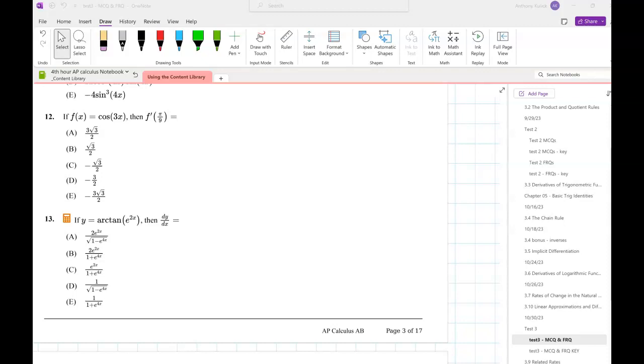Try reducing 3 pi over 9. Sine of pi over 3 on the unit circle. Who remembers? All of you should.